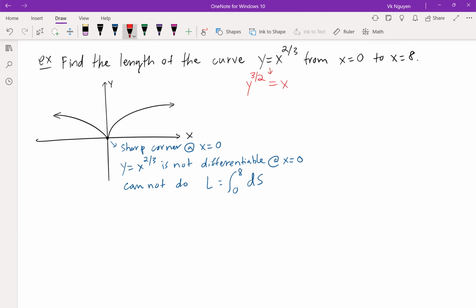Yay! And then from here, we're going to look at it through the length of y. So if x is 8, then the output would be y equal to 8 to the 2 over 3, which is 2 to the power 3 times 2 over 3, and that is 4.